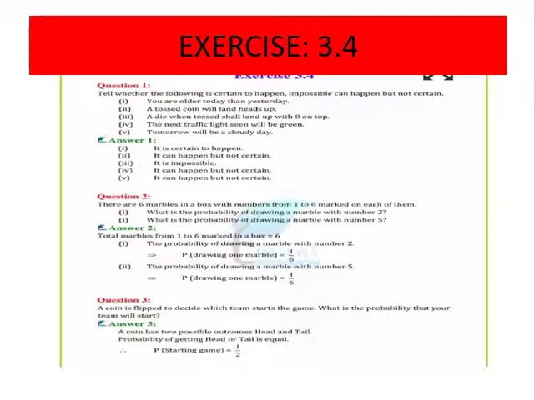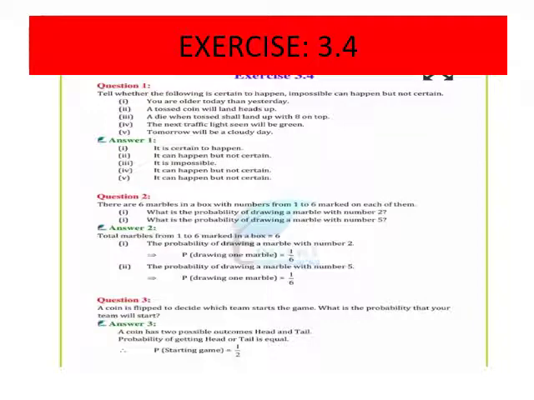Question number 2. There are 6 marbles in a box with numbers from 1 to 6 marked on each of them. What is the probability of drawing a marble with number 2? So children, very important question. The total marbles are only 6, marked 1, 2, 3, 4, 5, 6.